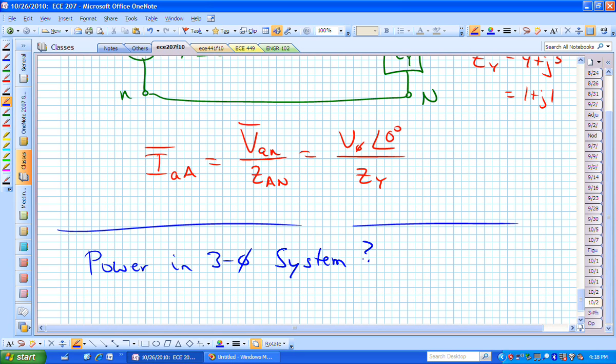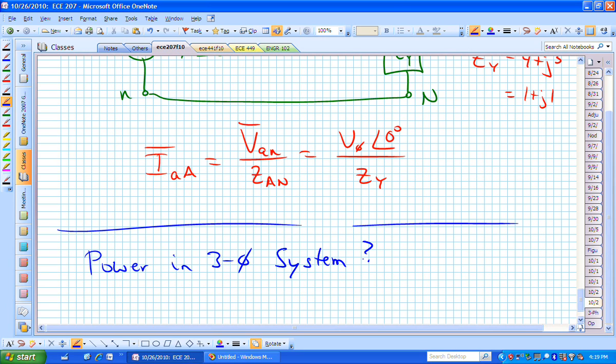It's balanced. You could say, let me find the power in one phase and multiply it by 3, or add up the 3 pieces, right? Either one should be equivalent. And the easy answer is probably multiply by 3, the total power.